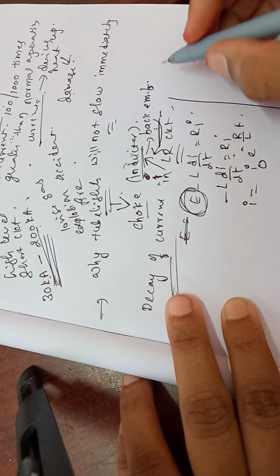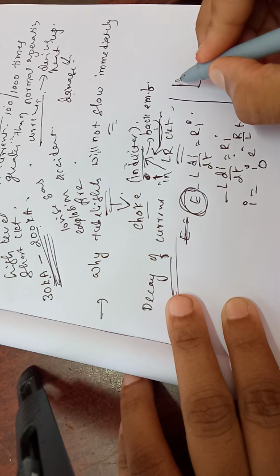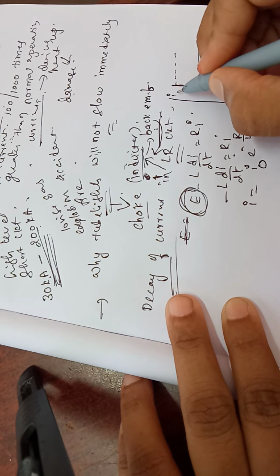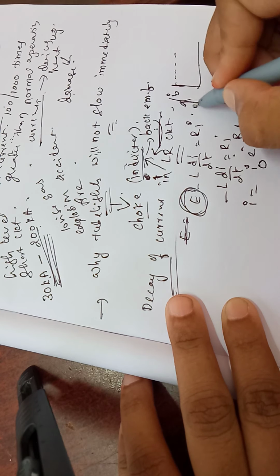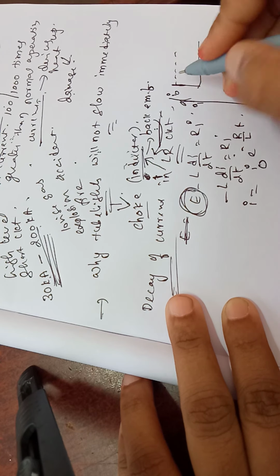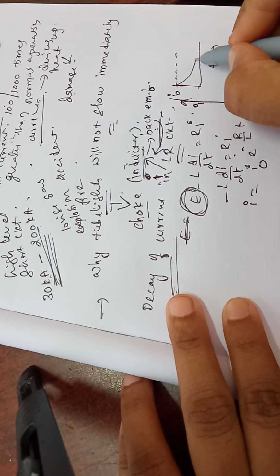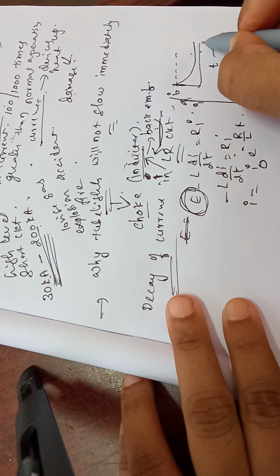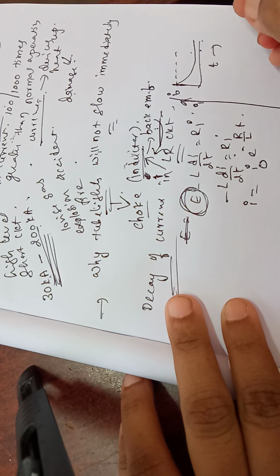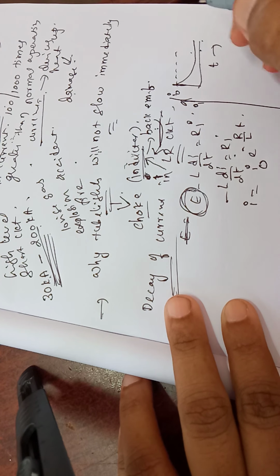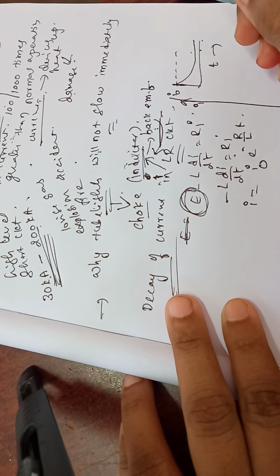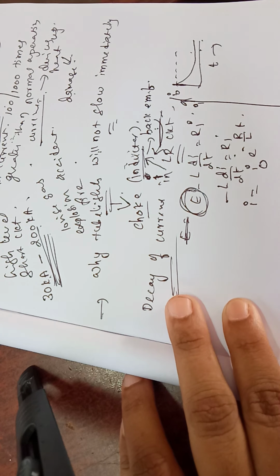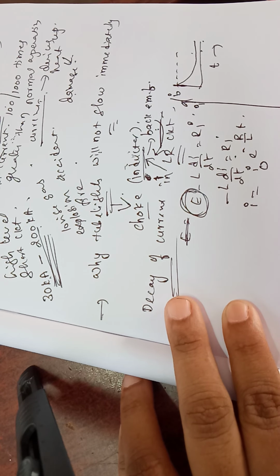As usual, the graph will be from maximum current, current versus time. It is decaying. Now see, the graph didn't touch the x-axis, means it is not becoming zero. Why? Because the inductor opposes the decay of current.